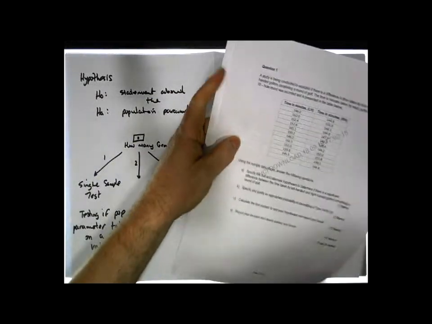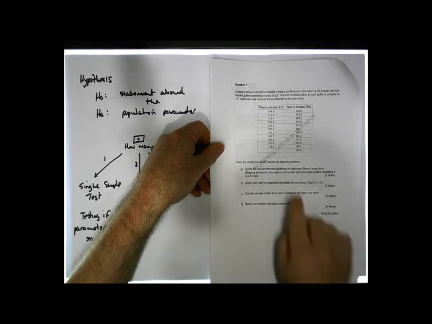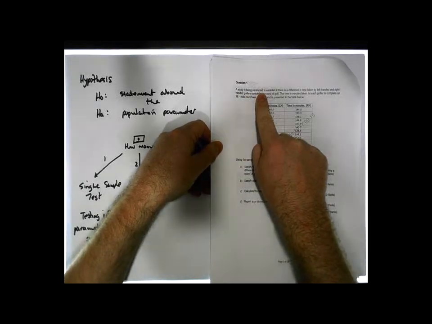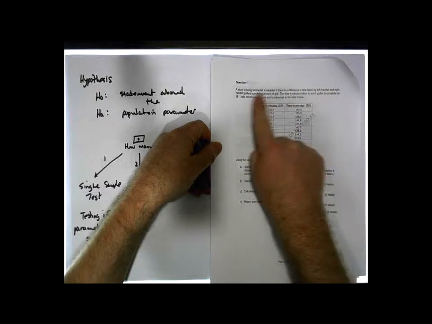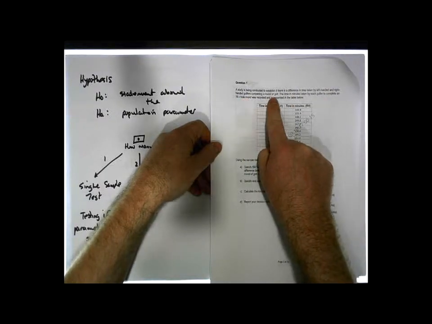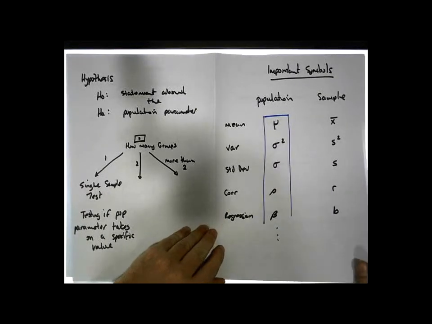The question you asked me to run through is question 1, in relation to a study being conducted to establish if there is a difference in time taken by left-handed and right-handed golfers to complete a round of golf. Let me clear the paper off here, and let's get started on this particular question.